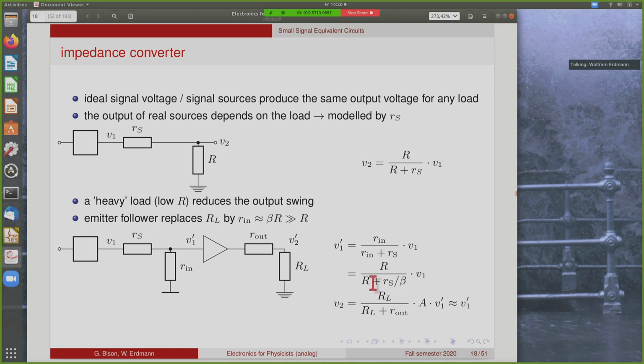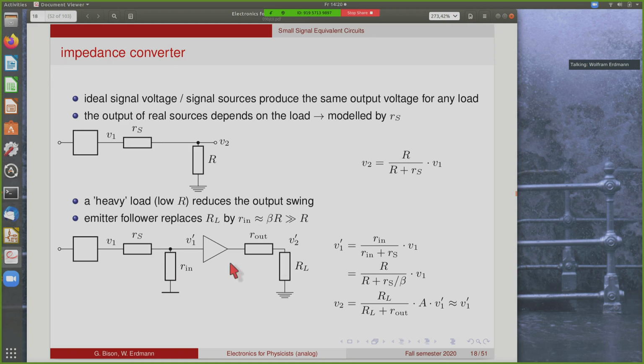Effectively, if you compare it with this term here, you get basically a reduction of the series resistor divided by 1 over beta. So for a large beta in your emitter follower, you can neglect this term, and this becomes basically unity. And then at the output, you have a small output impedance, so this will also not cause any change of amplitude here, and you can drive your load without further loss.